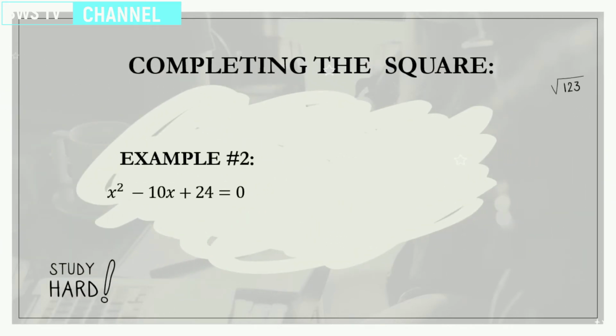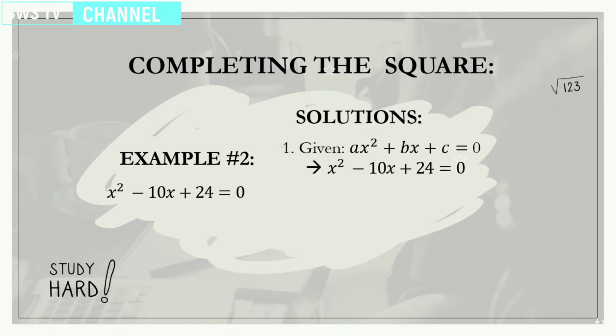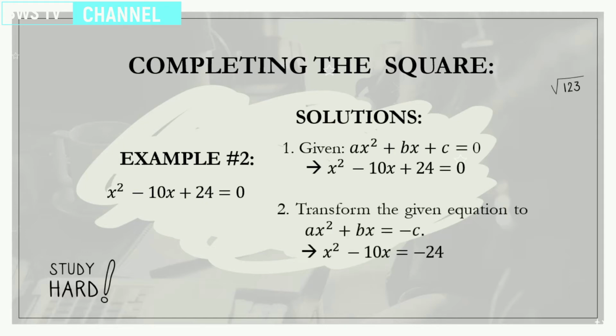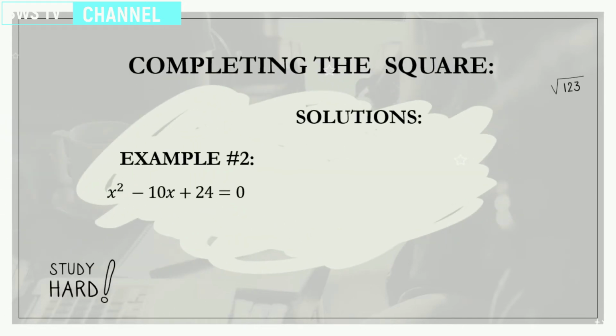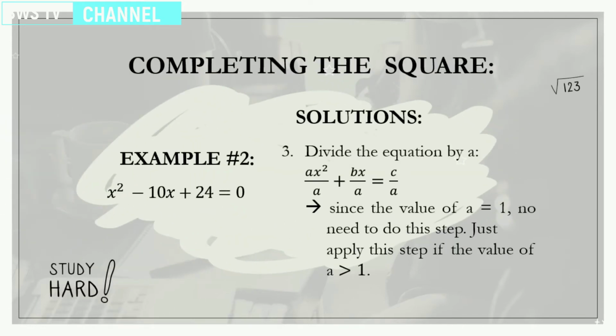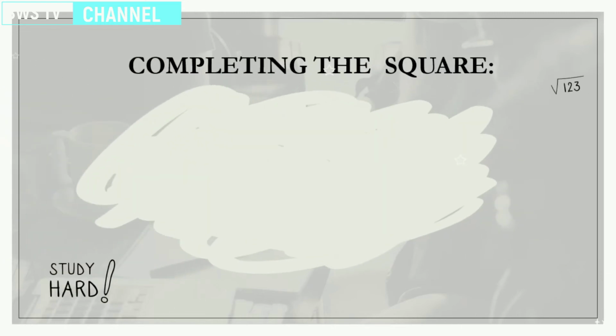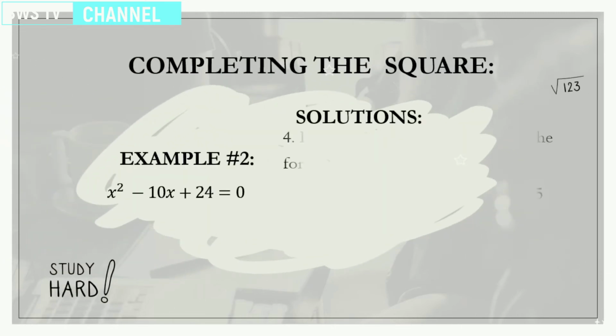So we have x squared minus 10x plus 24 is equal to 0. So first step, given. Second step, transform the equation. Transfer 24. The sign will change. This plus 24 will become minus 24, or negative. Number 3. Again, same thing. a is 1. So we'll skip this step. To the next step.